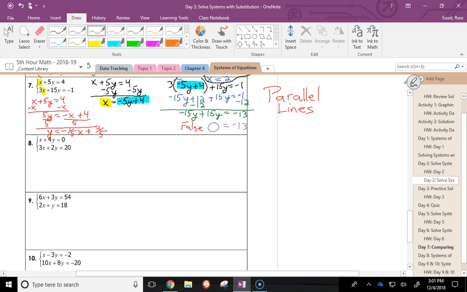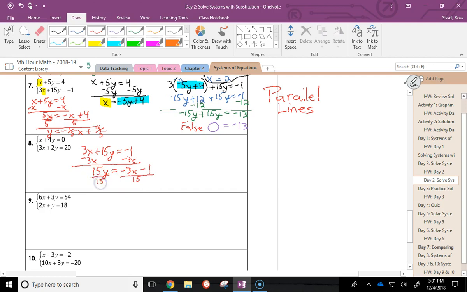I'm going to do my second line here. 3x plus 15y equals negative 1. And I'm going to minus 3x. So I'd have 15y equals negative 3x minus 1. And I'm going to divide by 15.